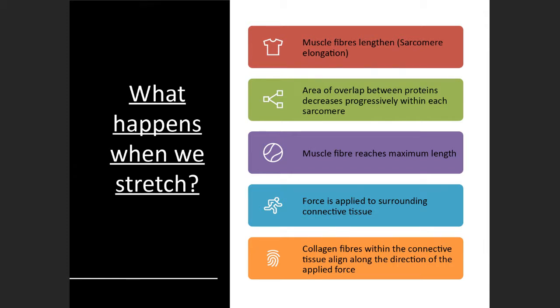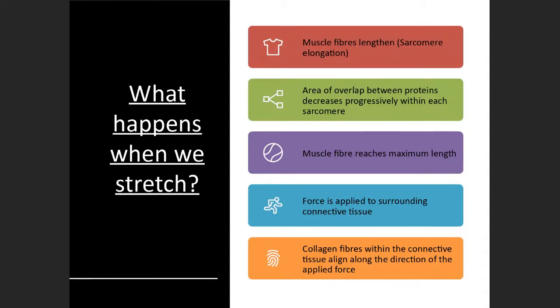Sarcomeres in parallel, muscle units in parallel, when the muscle gets bigger, that's hypertrophy. And sarcomeres in series is more where we're doing eccentric, so lengthening under load, muscle contractions. So you can build muscle from stretching, but it will be under an eccentric load, and we cover that a little bit later.